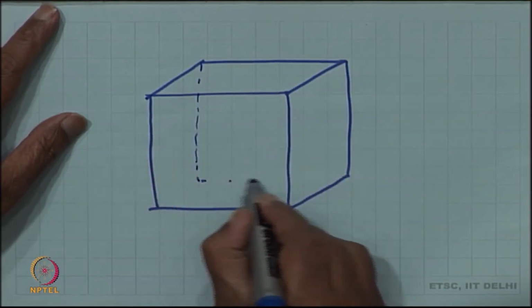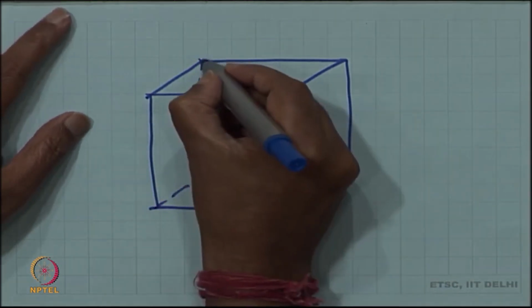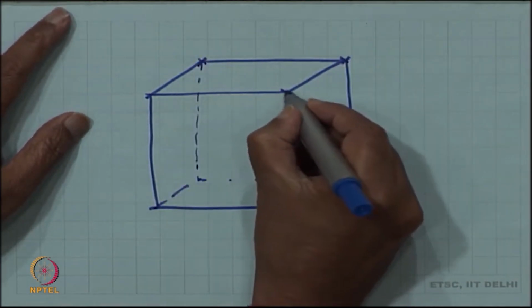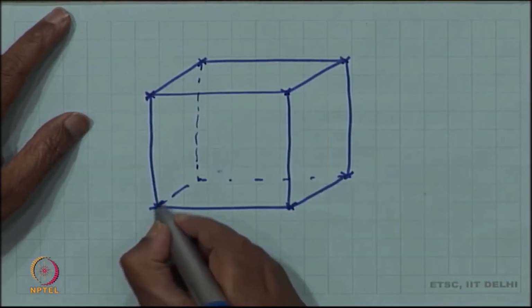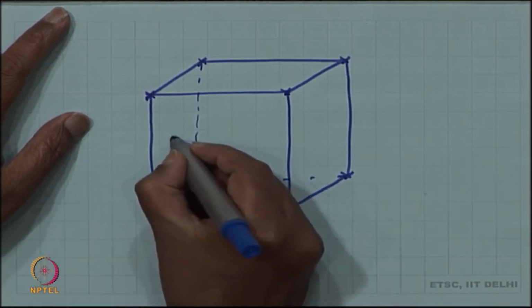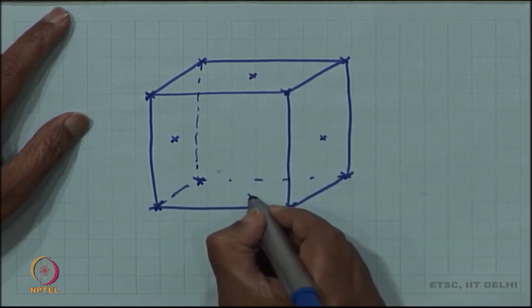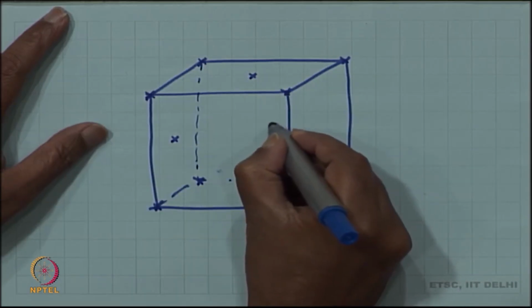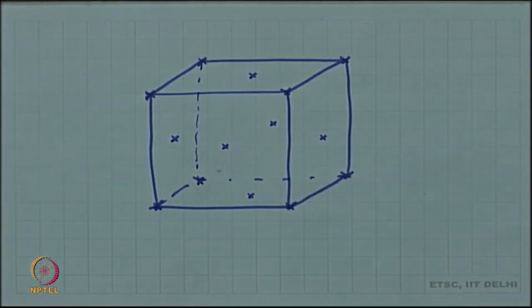We begin with a cube and we place lattice points at each of the corners and at the 6 face centers. So, all these little crosses are lattice points.